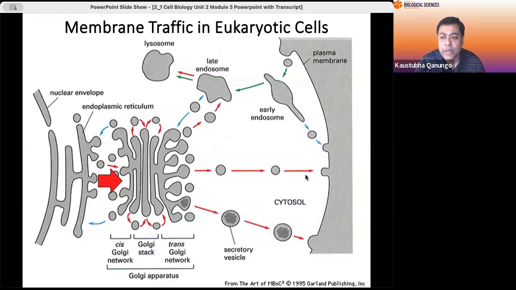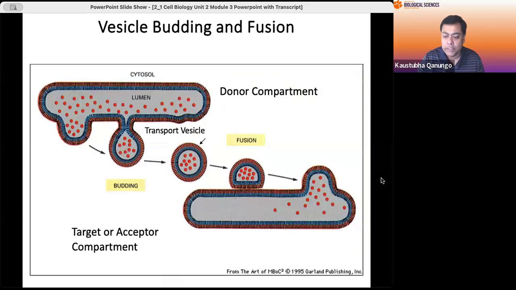Reds are anterograde, whereas the greens and the blues are retrograde transport because they are going back. Although this is going back, it came from that and is going back, so this is also considered a retrograde. This is anterograde, retrograde, anterograde, retrograde. So these are the different types of transports, and we're going to go into the detail of that.